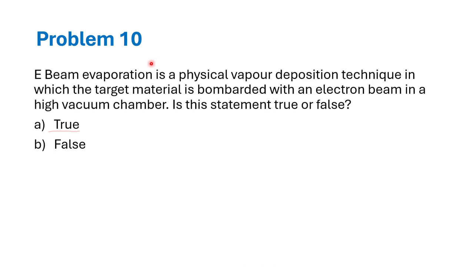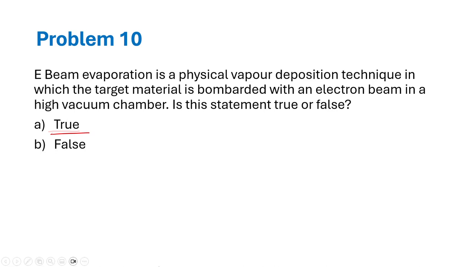Here you can see how the electron beam is generated. We have a filament which we heat. Due to thermionic emission, electrons come out of the filament. We accelerate the electrons and also have a magnetic field to control their trajectory, so that the electron beam falls on the target material to be evaporated.